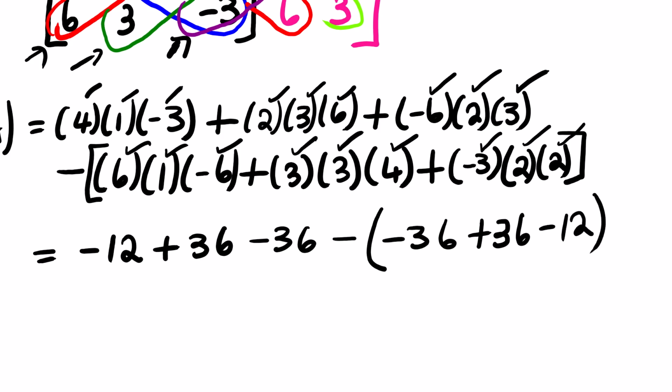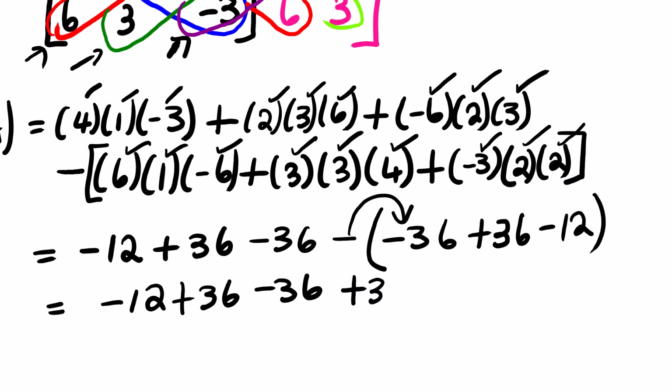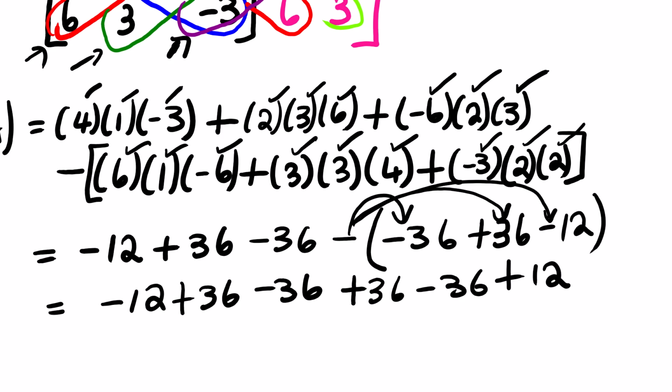Negative 12 plus 36 minus 36, negative and negative is positive 36. This and this, it's negative 36. This and this is positive 12.